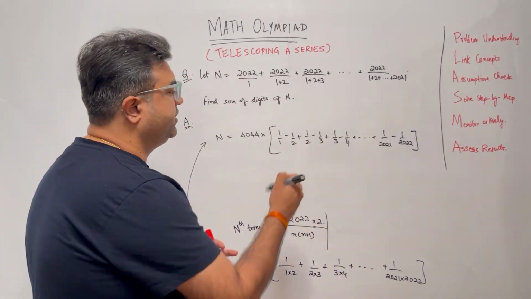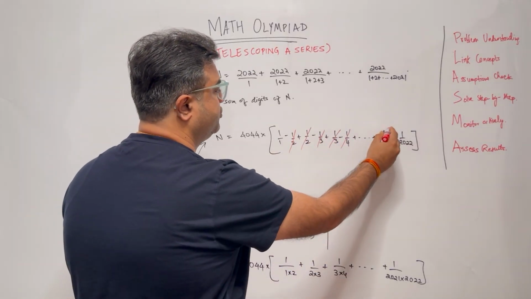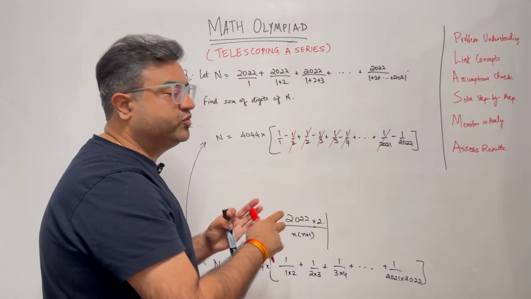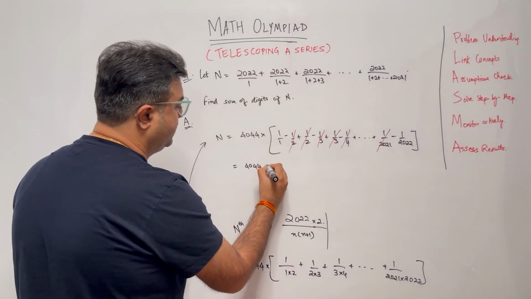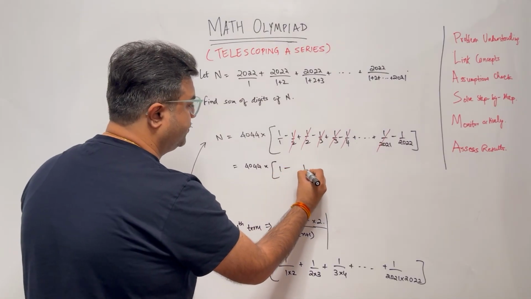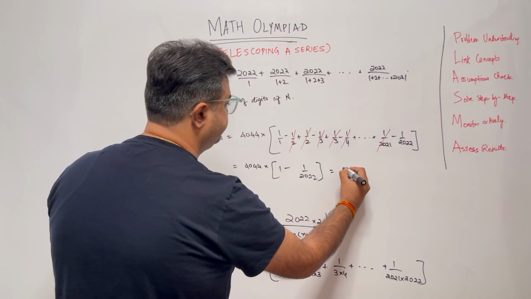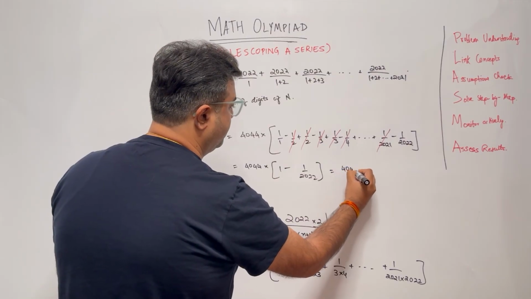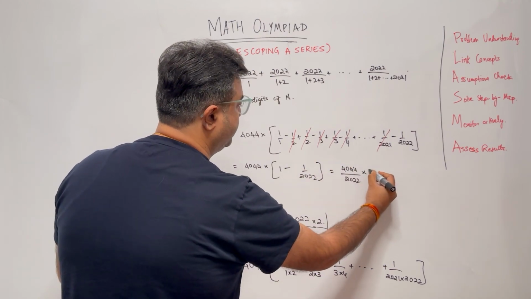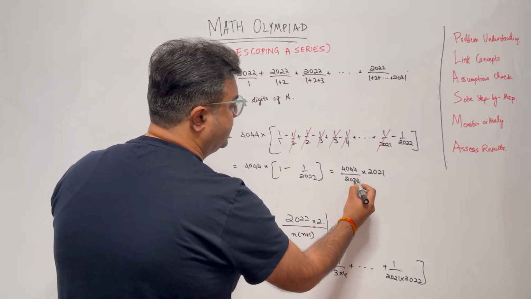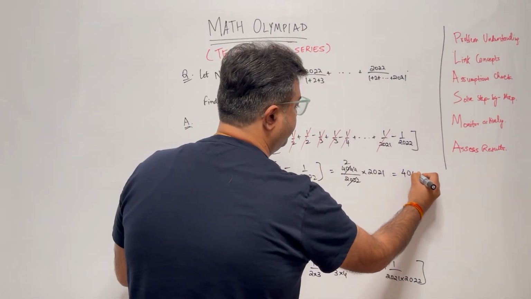So again, this will cancel this, cancel this, up to this. Telescoping works here. So this will become 4044 multiplied by 1 minus 1 upon 2022. So this will become 4044 divided by 2022, and then the numerator will become 2021. So this will give 2 here, so it will become 4042.